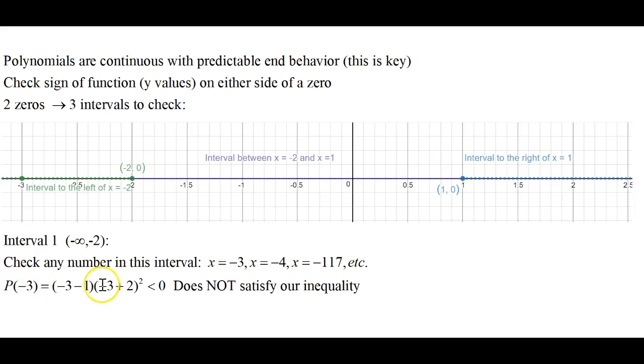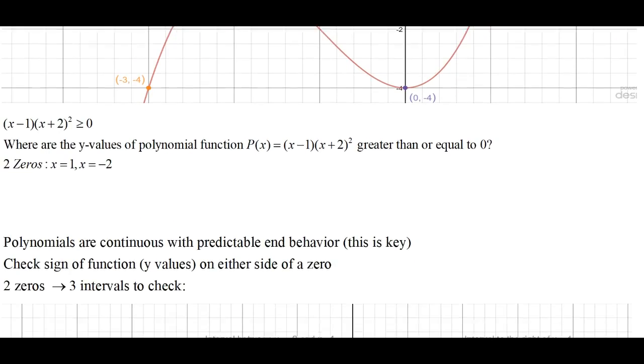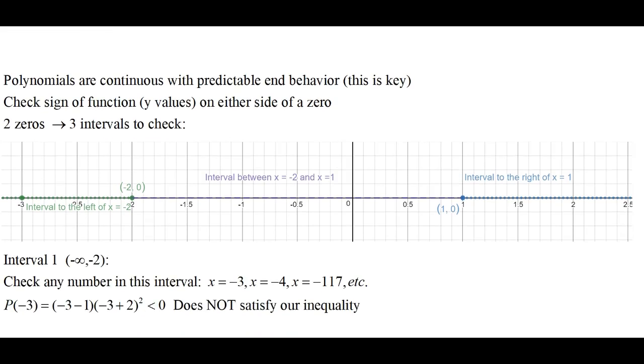I'm going to evaluate the polynomial there, and that gives me a negative value. It's less than 0. So remember our original inequality, we want x values that make it greater than or equal to 0, so this does not satisfy it. So we can disregard this interval of the x-axis in our solution.